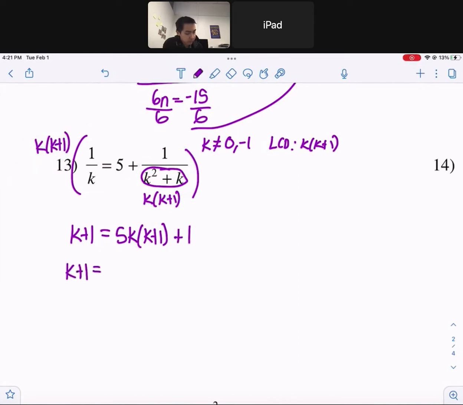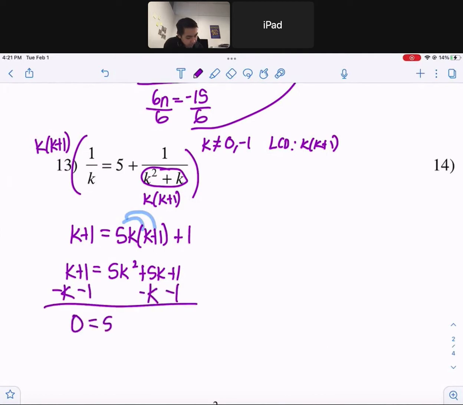So k plus 1 equals 5k squared plus 5k plus 1. Distribute. Perfect. We're going to set this equal to 0, so let's move everything to the right-hand side. 5k squared plus 4k equals 0.